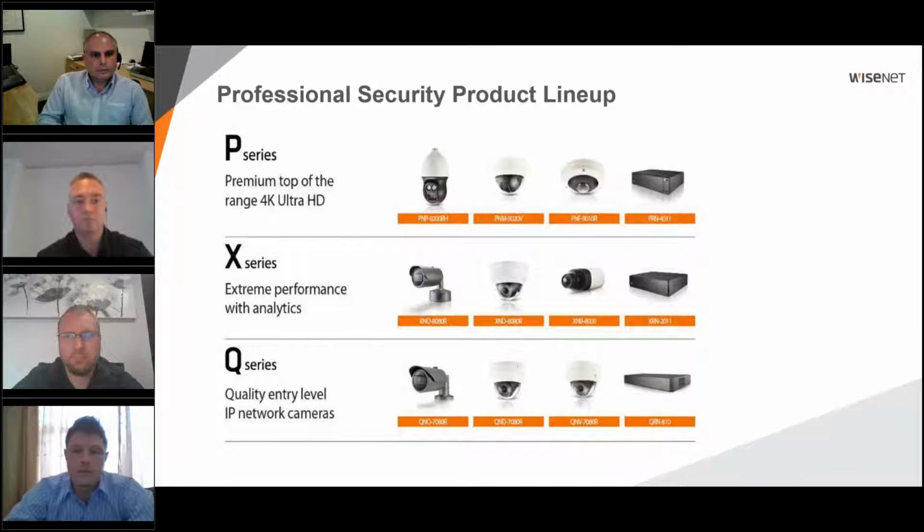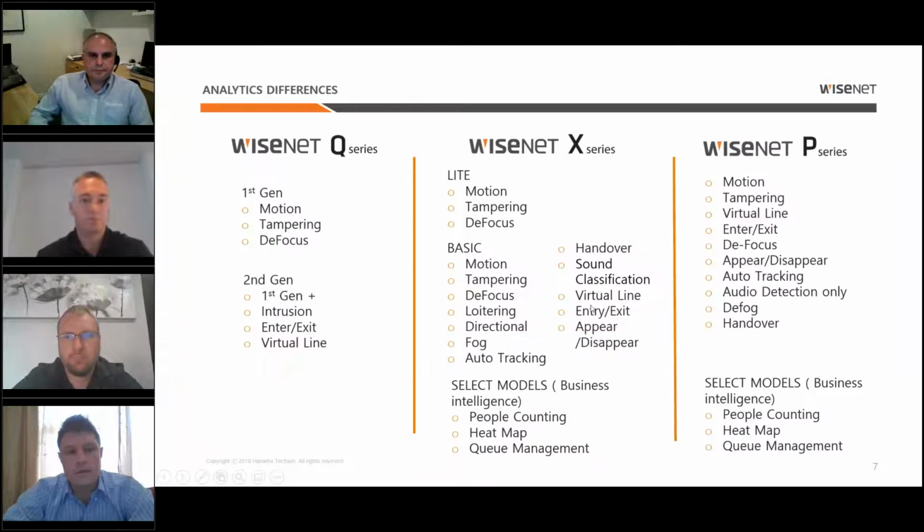It's got multi-sensors and all those type of things with a lot of analytics. X being the extreme performance range with also quite a bit of analytics to offer, and then Q being our quality entry level type camera, which has some basic analytics. We're going to look at those analytics in a bit more detail now.